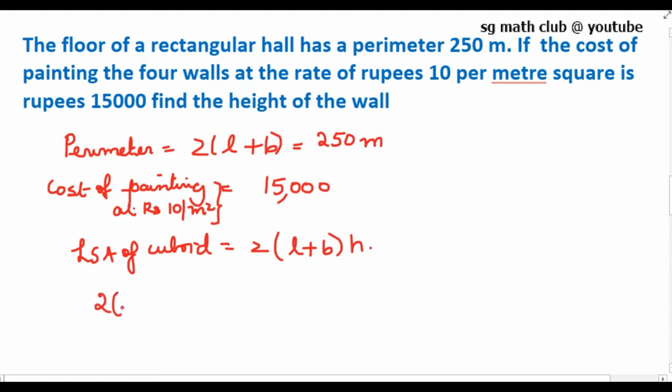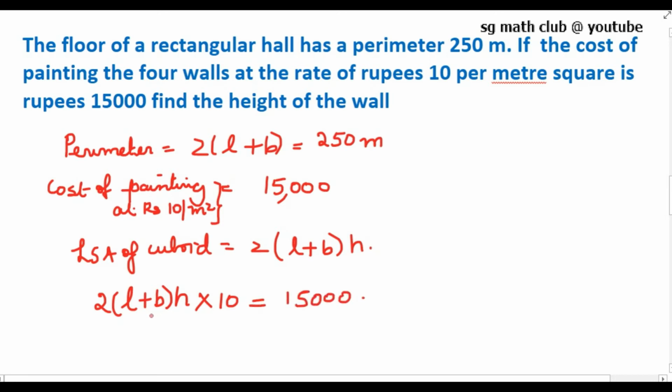That means when you find LSA of a cuboid, we will get the area of the 4 walls, which we multiply by 10 per meter square, since the cost of painting is rupees 10, and the total cost is 15,000.